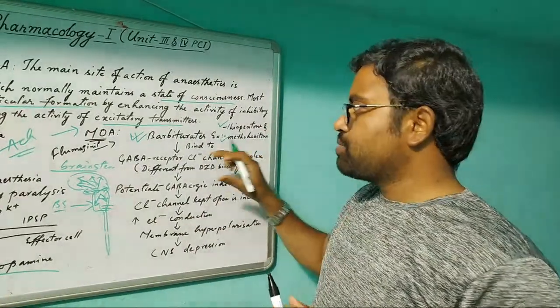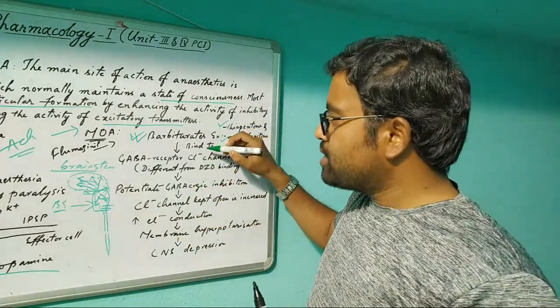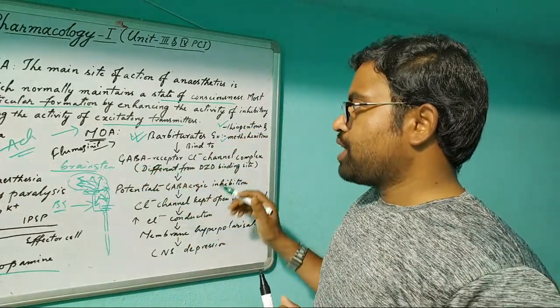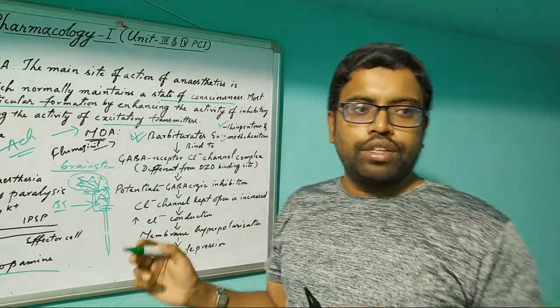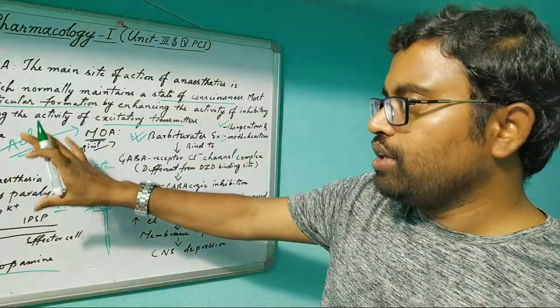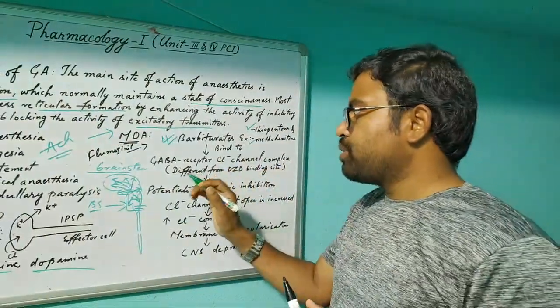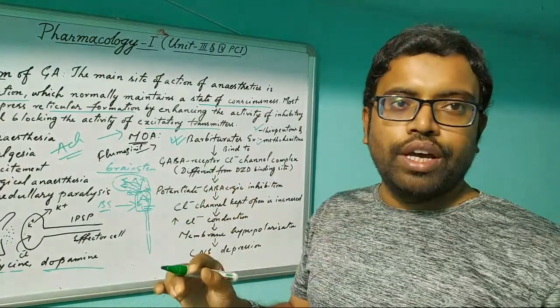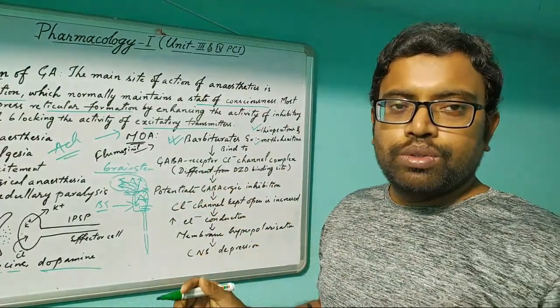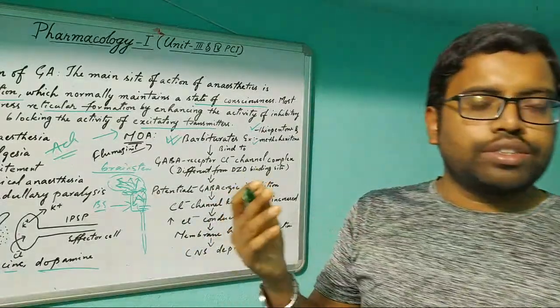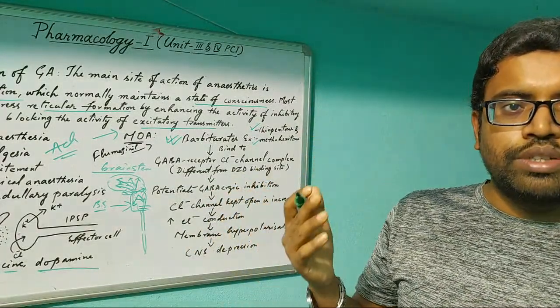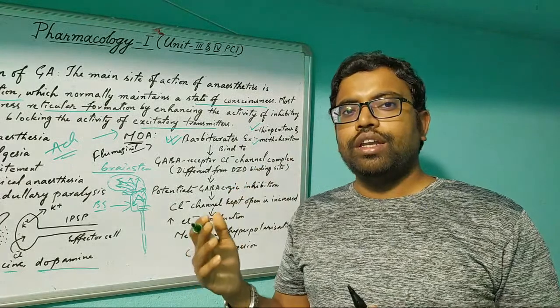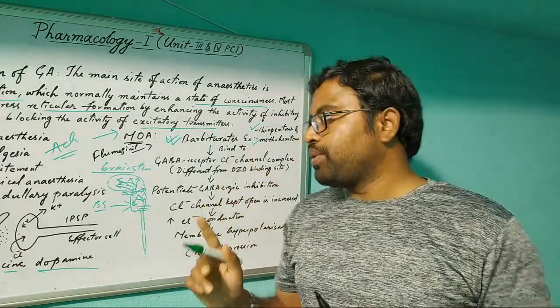These drugs bind to the GABA receptor, which has a pentameric shape; I will show that later. It has alpha, beta, and gamma subunits: two alpha subunits, two beta subunits, and one gamma subunit.